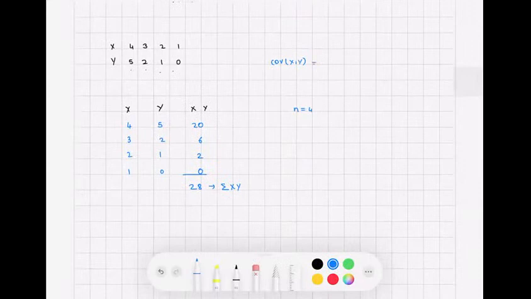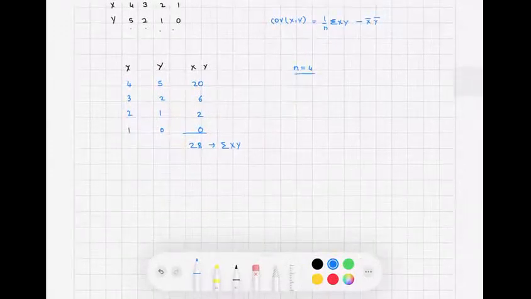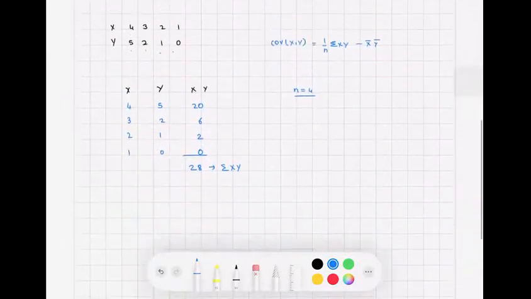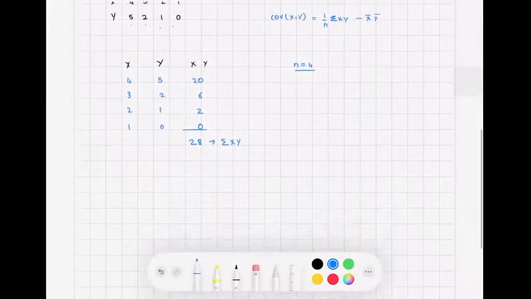So covariance is equal to 1 by n summation of xy minus x bar y bar. So number of values 4, so 28 by n. My covariance is 28 by n minus x bar, what comes is, the summation of x is 4, 7 and 10. The summation of y is 5, 6, 7, 8.